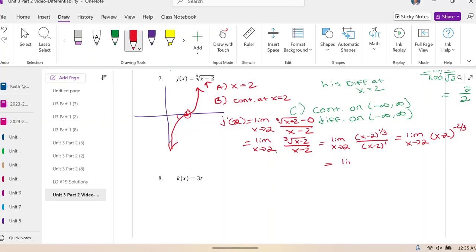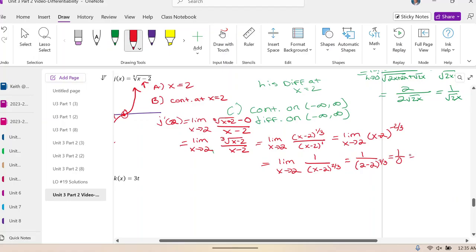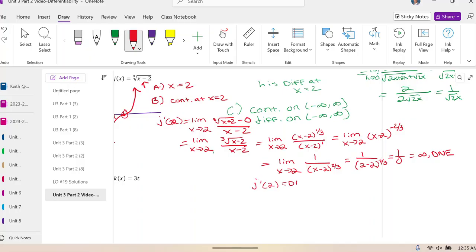So it's the limit as x approaches 2 of 1 over x minus 2 to the 2/3. And if you put the 2 in, it would be 1 over 0, which goes to infinity, which means it does not exist, right? It does not exist. So therefore, j prime of 2 does not exist.